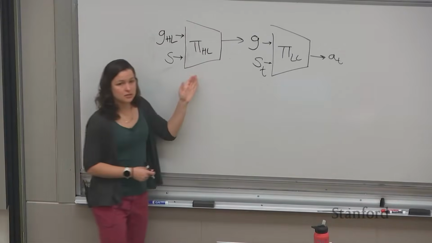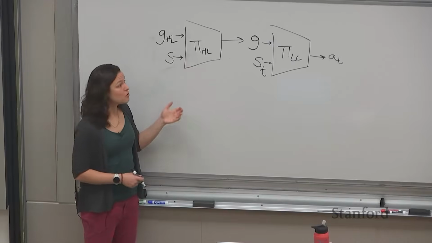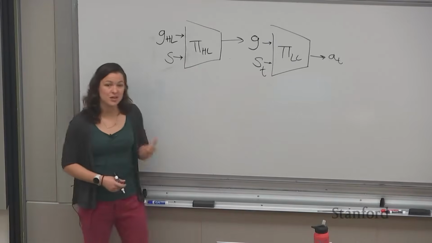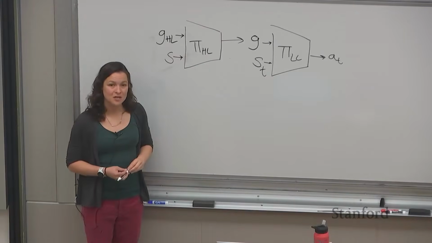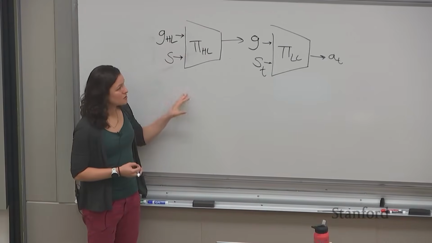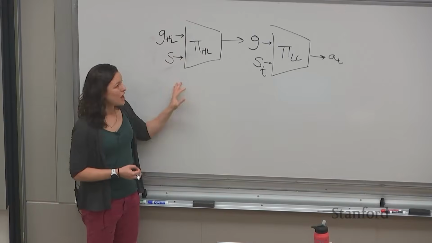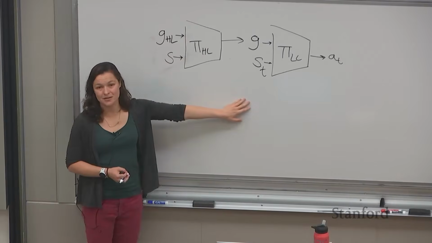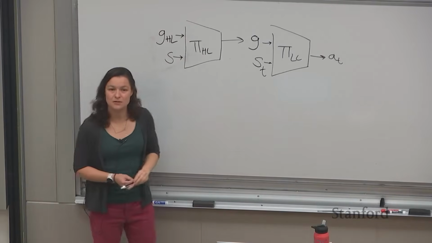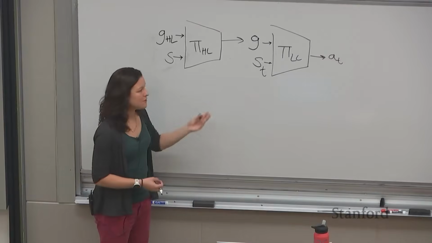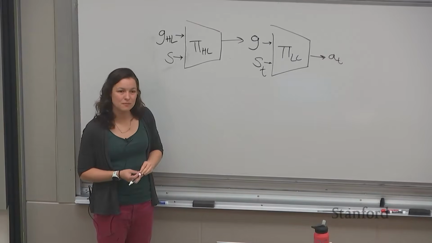Whereas the high-level policy could actually predict goals for the low-level policy at a coarser timescale. And so, for example, it could be outputting goals after you've completed a paragraph for a language model, or after you've completed going to the store, for example. It could then give a new goal for the low-level policy to perform.